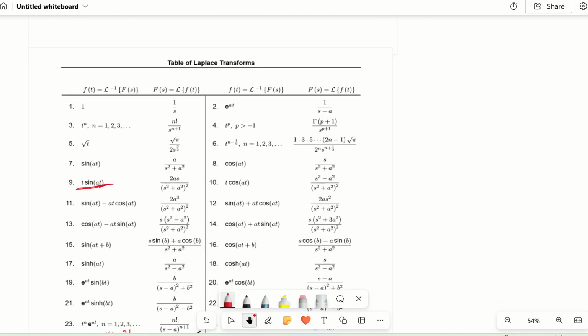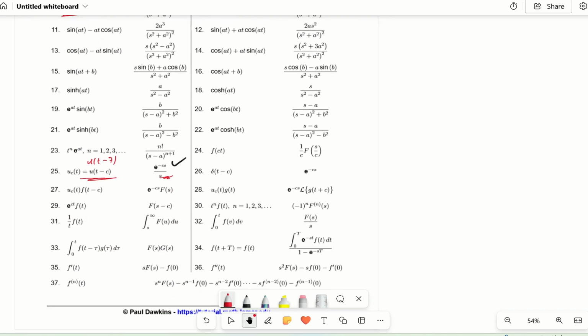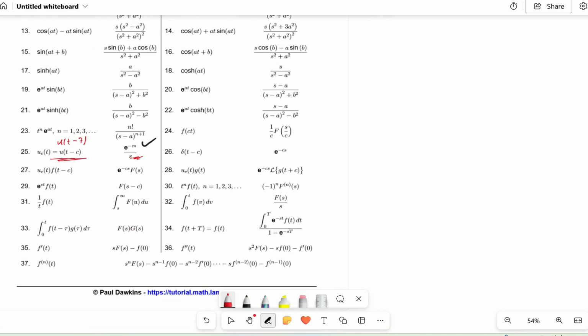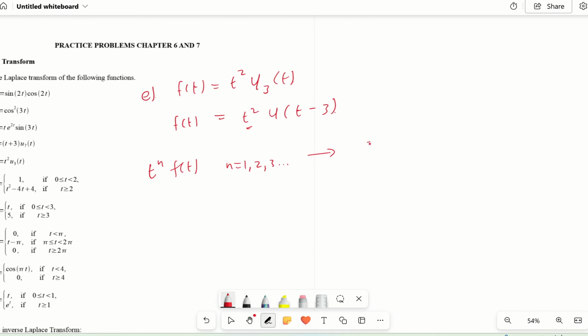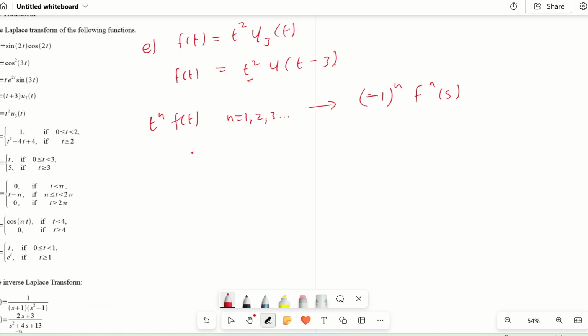let me double check. So it's going to yield an outcome of minus 1, and n s. So in this case, our n is going to be 2.